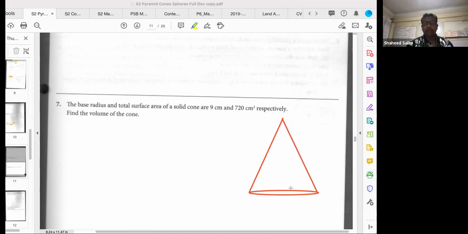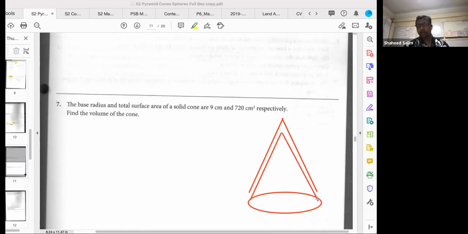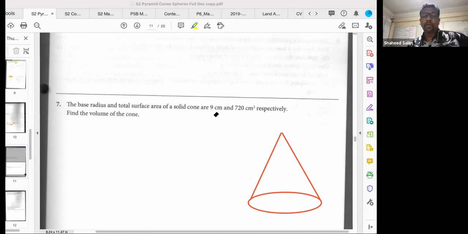So now they say the radius, so I should draw a bigger circle. Imagine it goes up here. I just do it like that. So this is your cone.